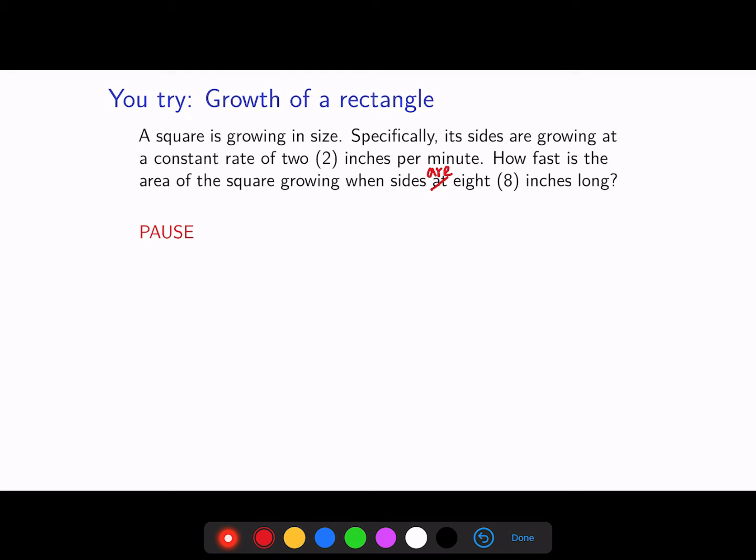So using the model that I presented you on the previous problem, use those techniques and that approach to solve this problem. Pause the video, take some time to do that, and when you have an answer, come on back to the video and I'll show you what I got.